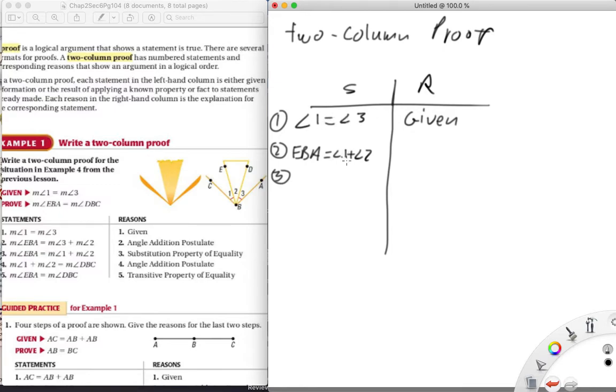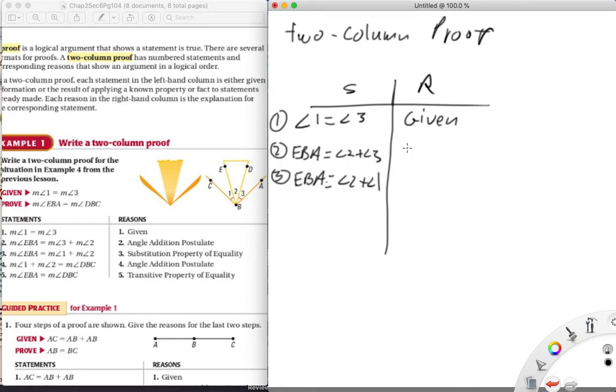Since I know 1 is equal to 3, I can say that EBA is equal to angle 2 plus angle 3, because I'm substituting 3 in for 1.